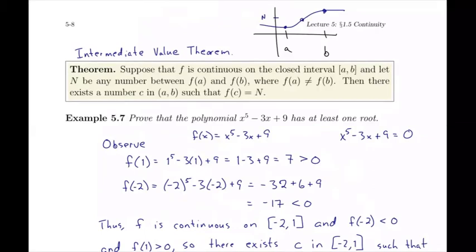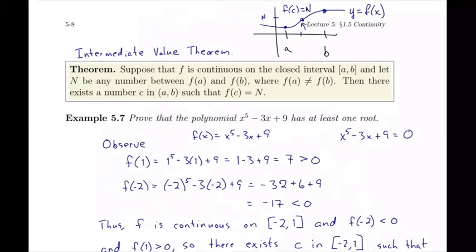What this tells us is exactly what you would expect. If the function f is continuous, y equals f of x, and n is a number between f of a here and f of b, as we've graphed it, then there must be a value c such that f of c is equal to n. In other words, we can find an x value that'll land us on n.